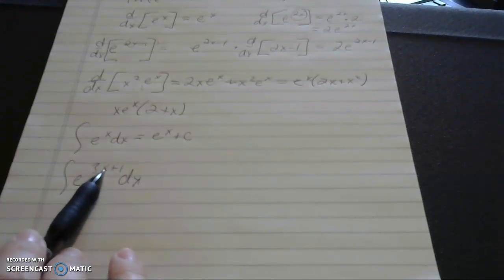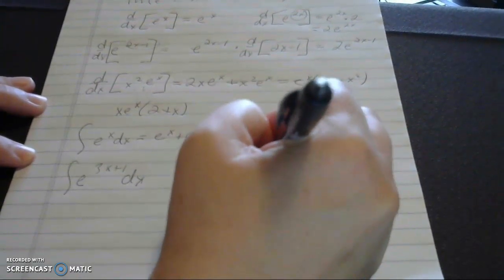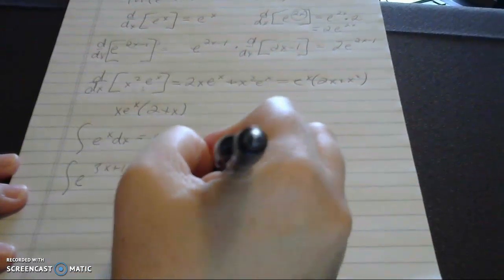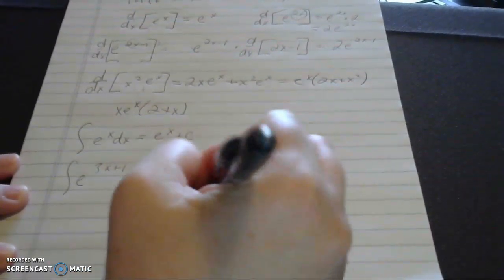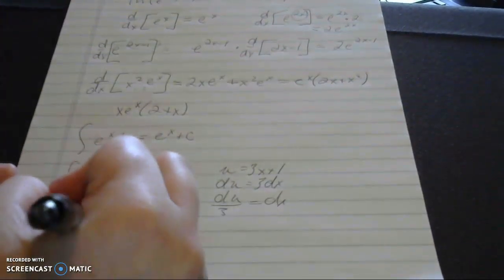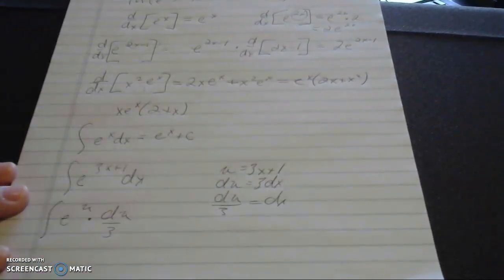Well, I can make u equal to 3x plus 1. So if I do u equals 3x plus 1, do a u sub here, du equals 3 dx. So du over 3 equals dx. I've got e to the u times du over 3.